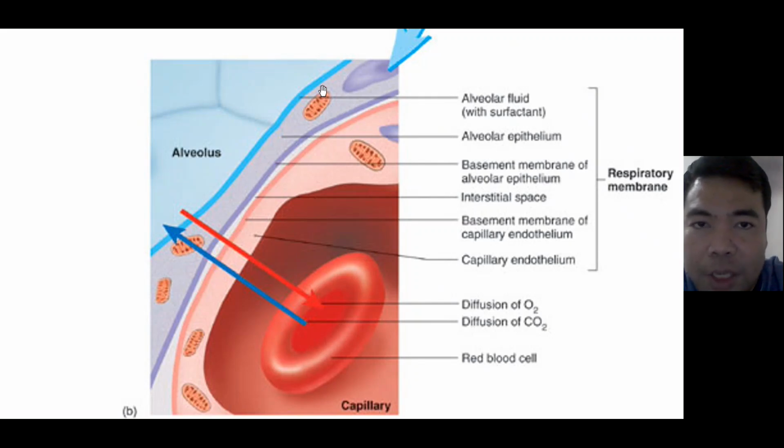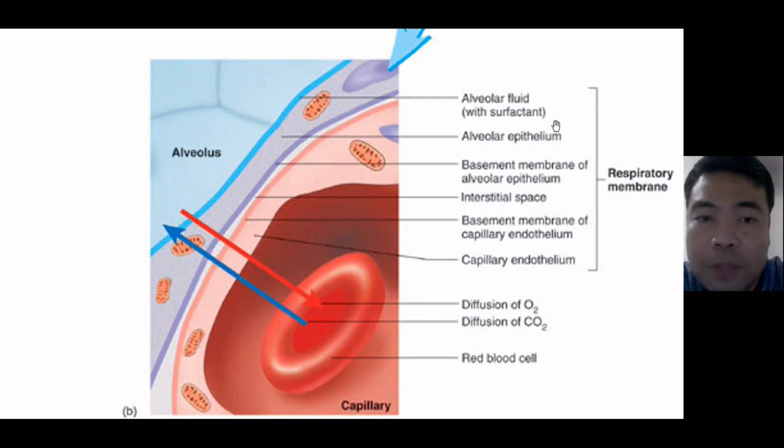The first layer, as you can see in the label, itong pinakamalinaw na kulay blue na to, is alveolar fluid because inside our alveolus, it is lined with a very thin layer of fluid. And that fluid is combined with an important chemical that we call surfactant.